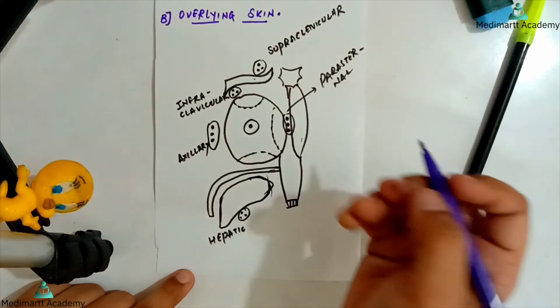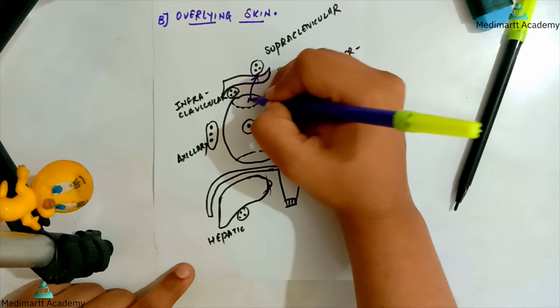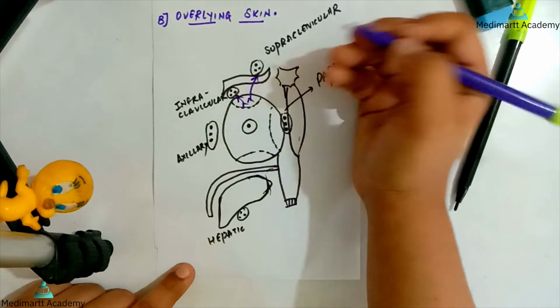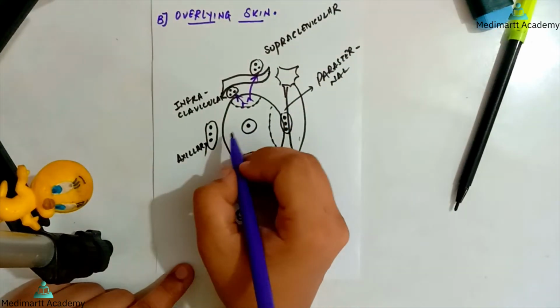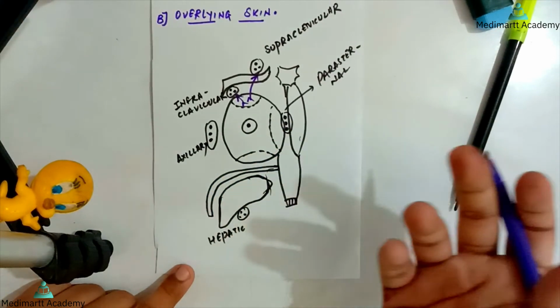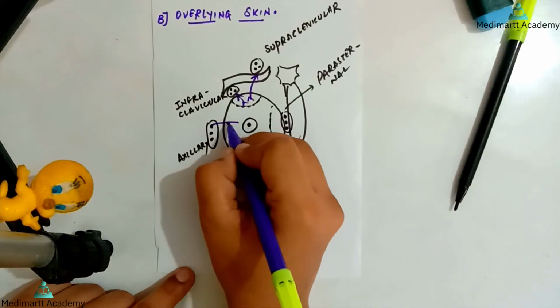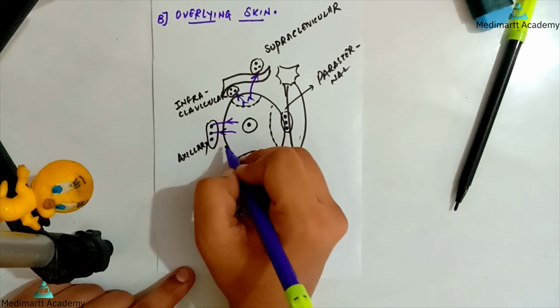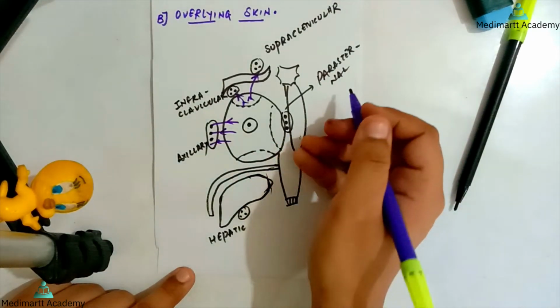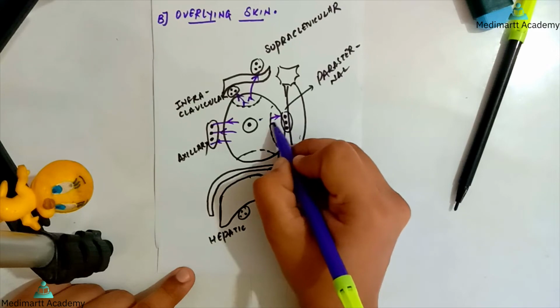Now let's see the drainage. It will drain into the supraclavicular and infraclavicular. Okay, then we are not taking areola and the nipple, as we know in the overlying skin the areola and the nipple are excluded. So just the remaining side parts like this, and here we'll take like this, it will be from over here.